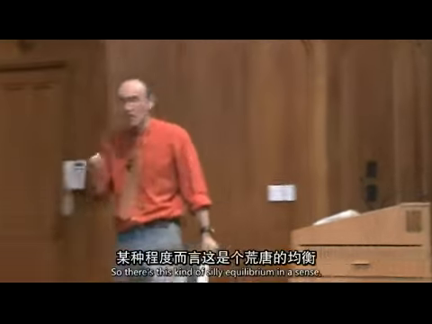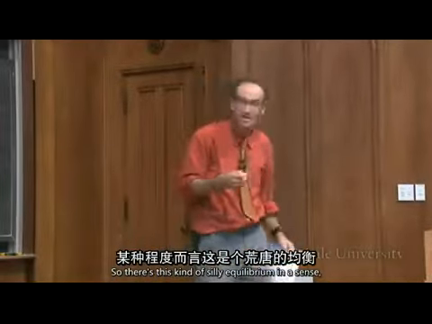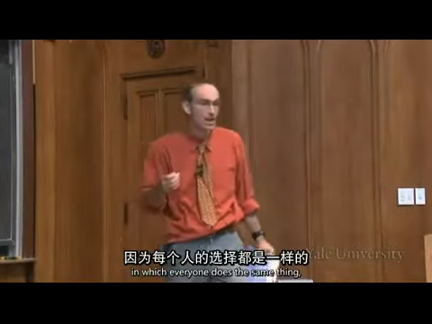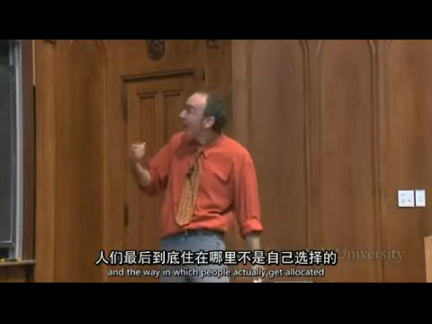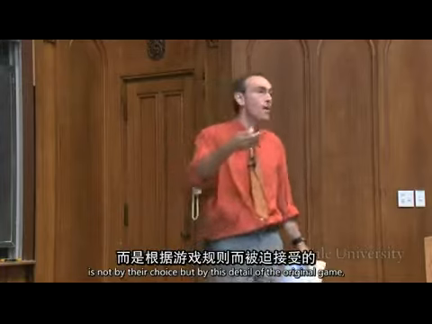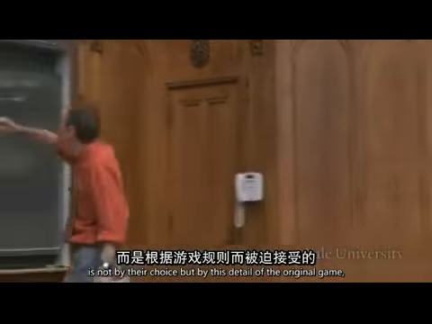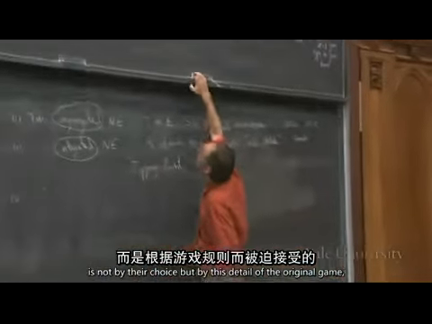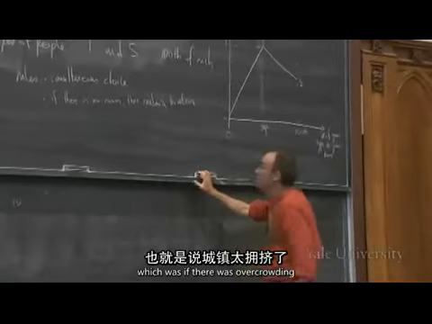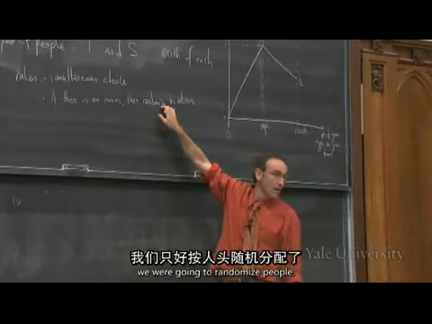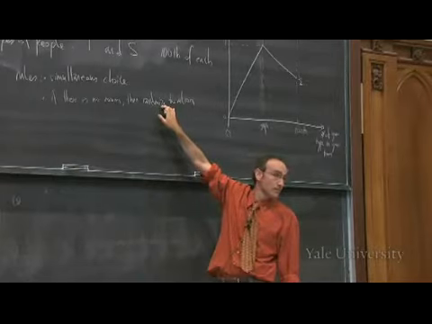All right? So there's this kind of silly equilibrium, in a sense, in which everyone does the same thing, and the way in which people actually get allocated is not by their choice, but by this detail of the original game, which was, if there was overcrowding, we were going to randomize people. All right?